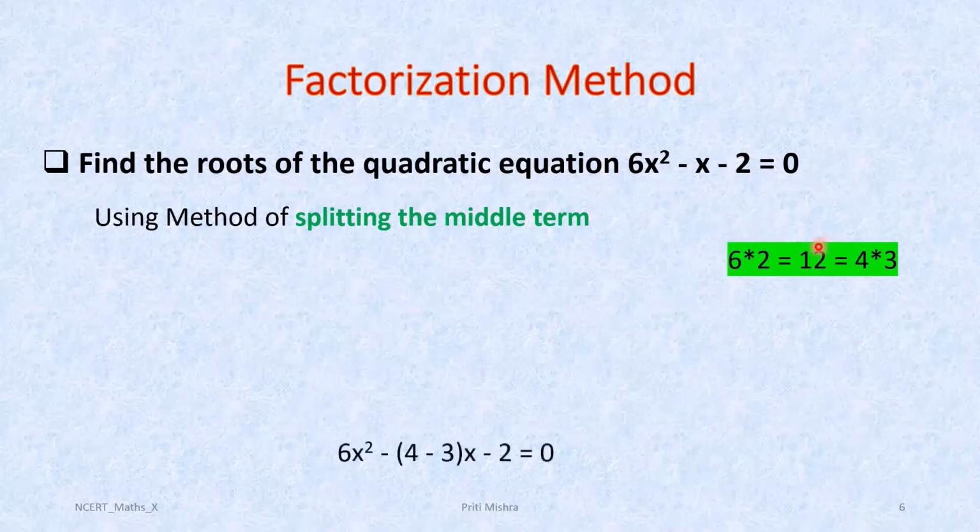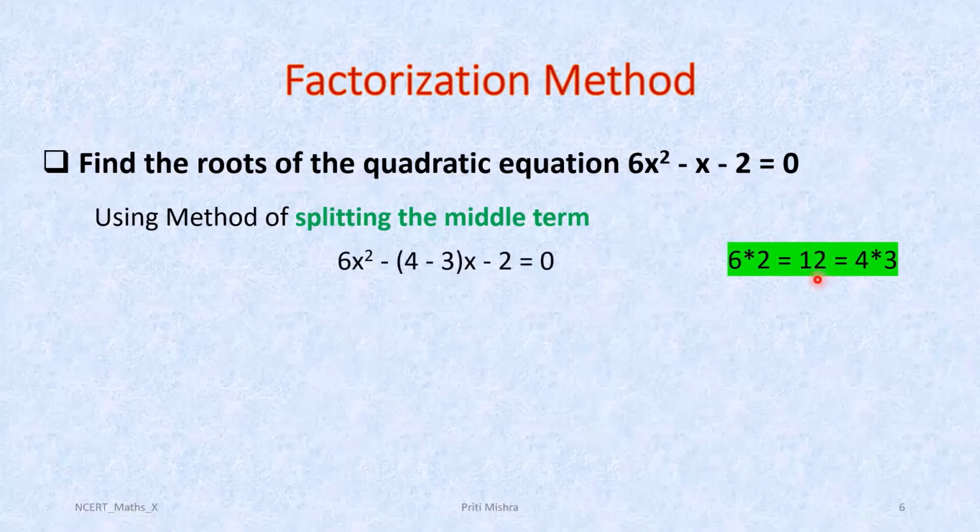Here we will find out two factors of 12 such that after subtraction of that two numbers, we should get 1. Such factors of 12, we can have 4 and 3 because 4 minus 3 is 1.